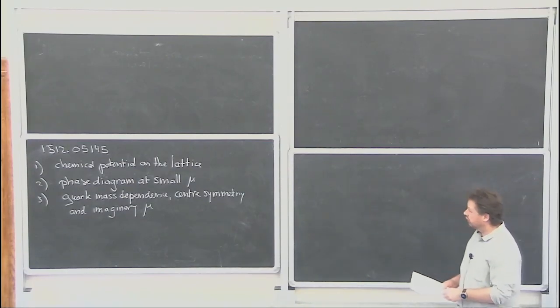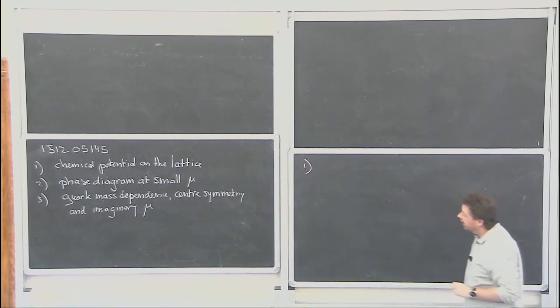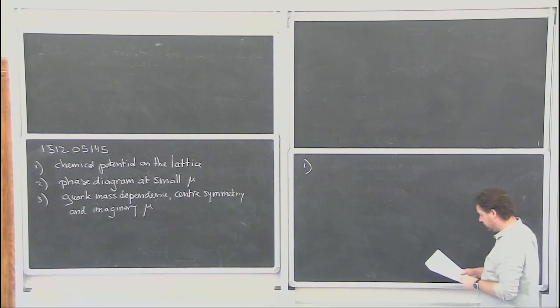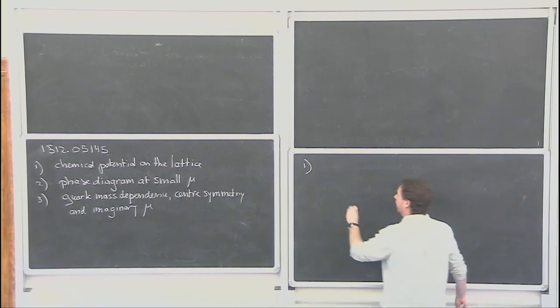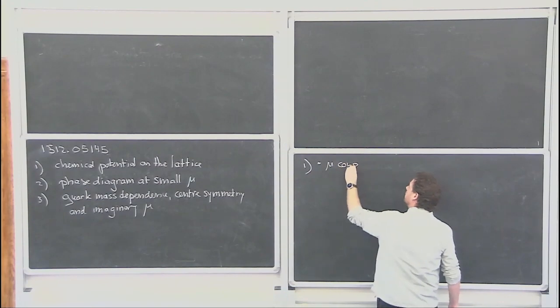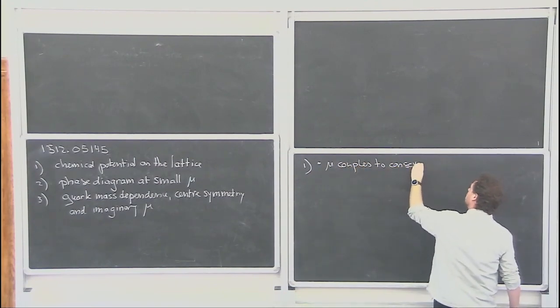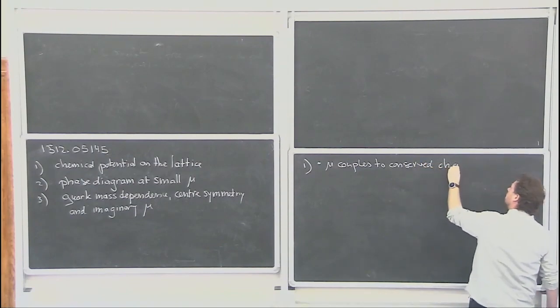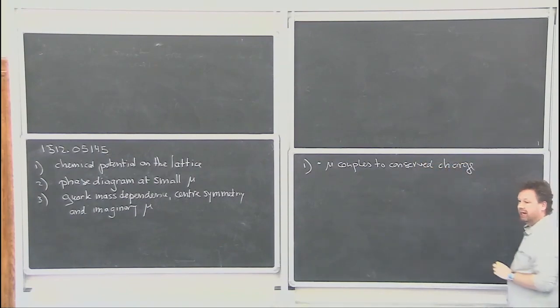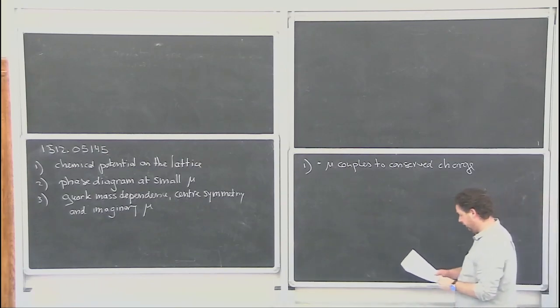Okay, so the first bit, chemical potential on the lattice. So what have we seen yesterday? We saw that first, mu couples to the conserved charge, of course. That's essentially by definition of what mu is.